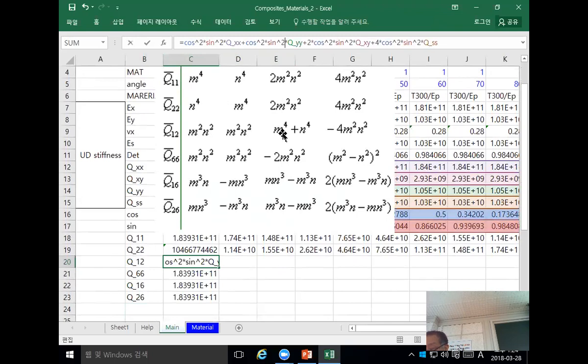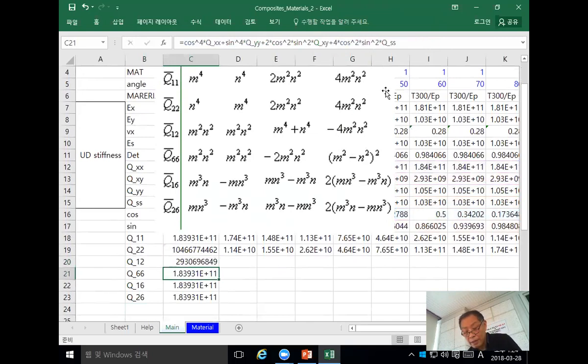That's Q12, and here sine 4 plus cos 4. And here, instead of plus, we have a minus. Okay, so these are the terms.